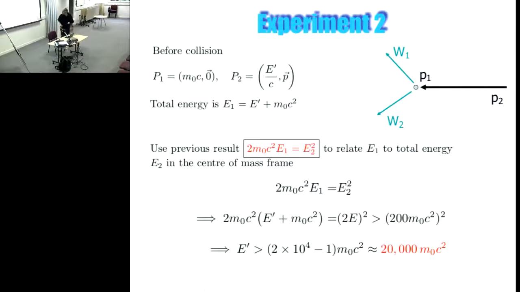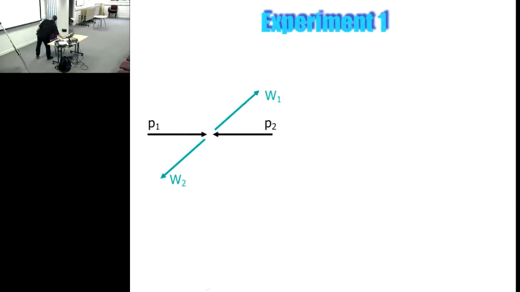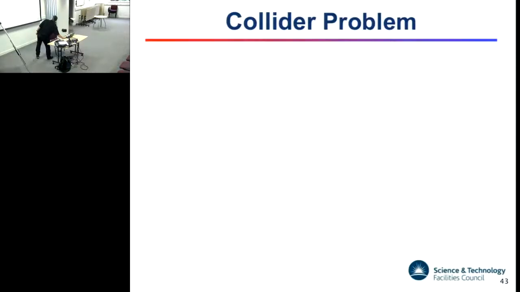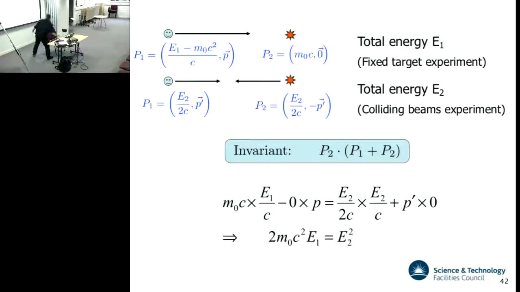Now, let's have a look what happens if you're hitting a fixed target. We've already shown this before. Here we can use this relationship between the fixed target experiment, E1, and the colliding experiment, E2.